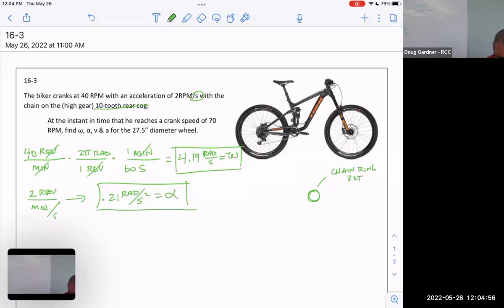That was 32 teeth, but the back one was only 10. So it's quite a bit smaller. And the chain is basically wrapped around that. So this was the cog and it was 10 tooth. That's what's going on there.